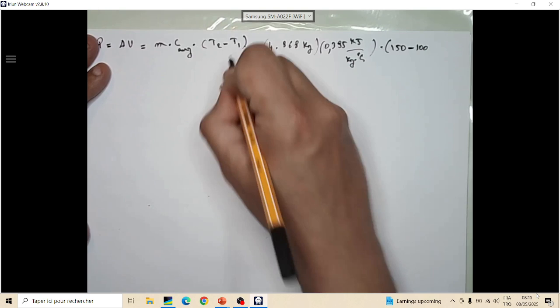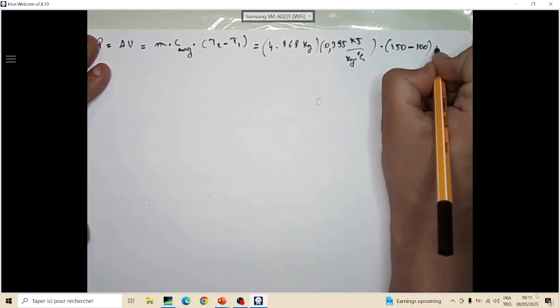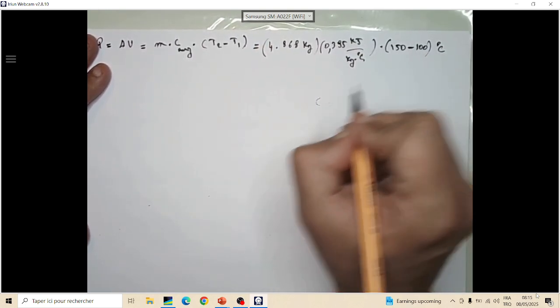The unit that I will use here is degree Celsius.